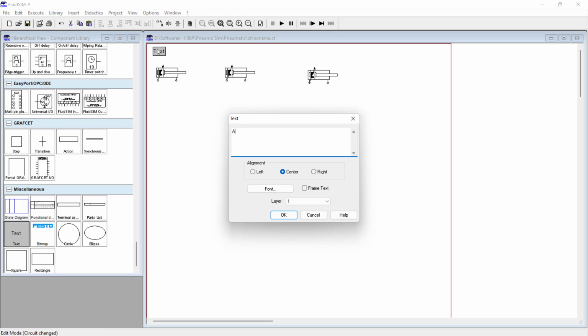The sequence will be A plus, B plus, B minus, A minus, C plus, C minus.